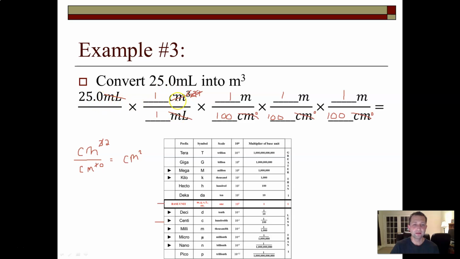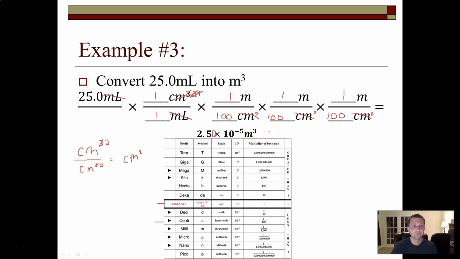Divide by, well, nothing here. Divide by 100, divided by 100, divided by 100, and you get 2.5. Should be 2.50. Okay, sorry about that. 2.50, because that's 3 sig figs. So you want 3 sig figs in your answer. 2.50 times 10 to the -5th meters cubed. All right? That takes care of that one.